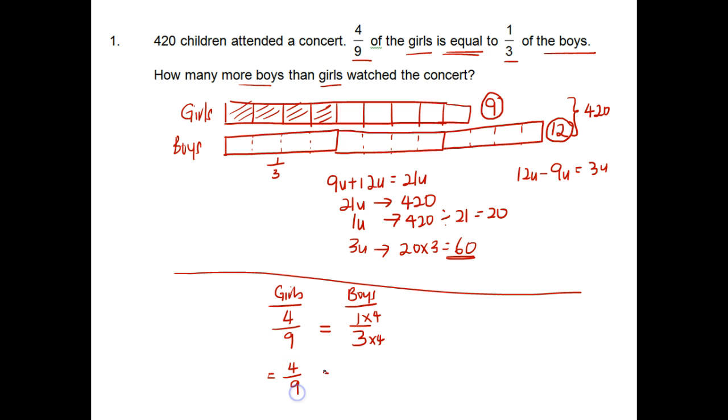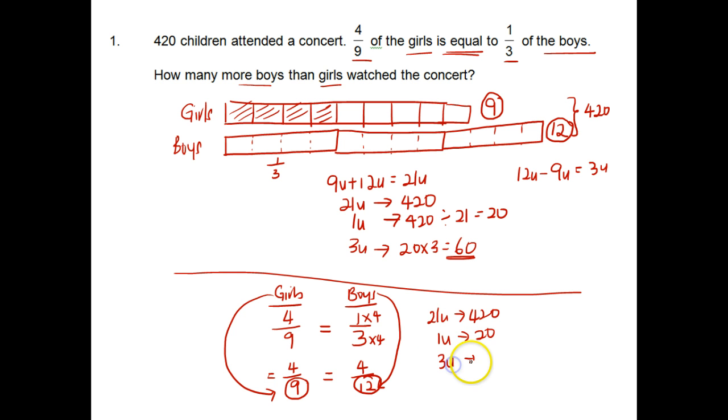So it's 4/9, 4/12. Again, from here I know that my girls is 4 units, my boys is 12 units. Therefore, if I work out, 21 units is 420, and 1 unit will be 20. So the difference, 3 units, is 60.